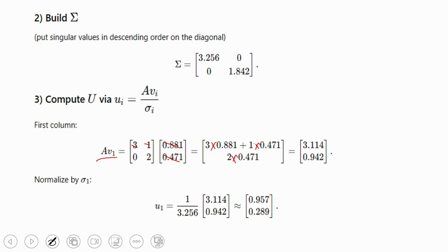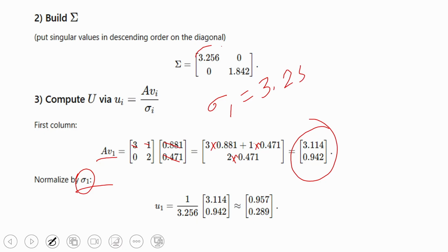Normalize this using sigma 1. So we got AV1 like this, and we need to normalize this using sigma 1. So that is 1 divided by sigma 1, which is 3.256.